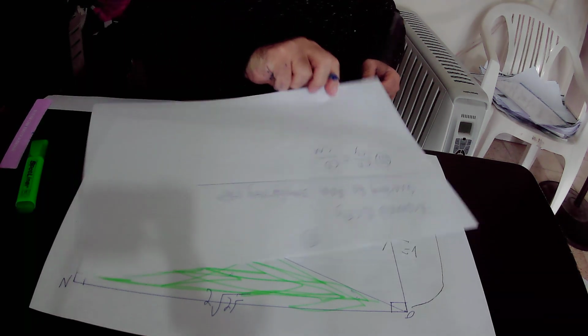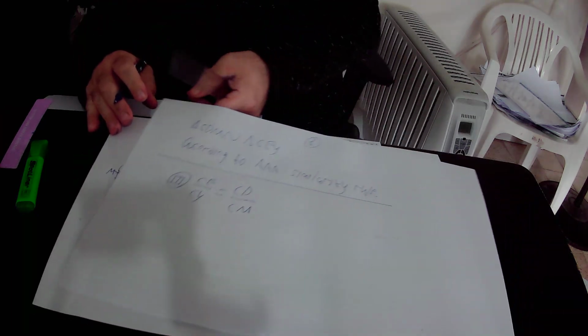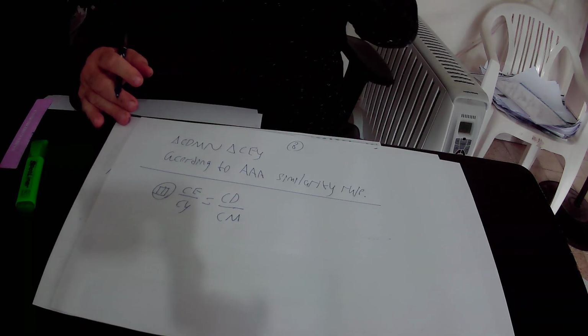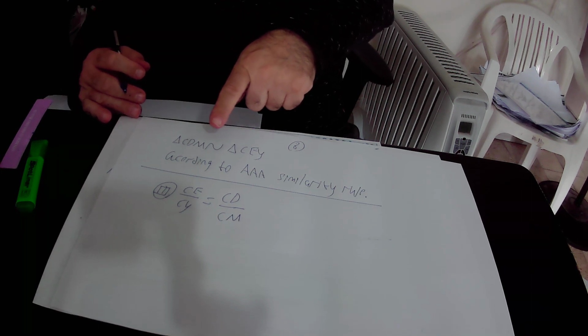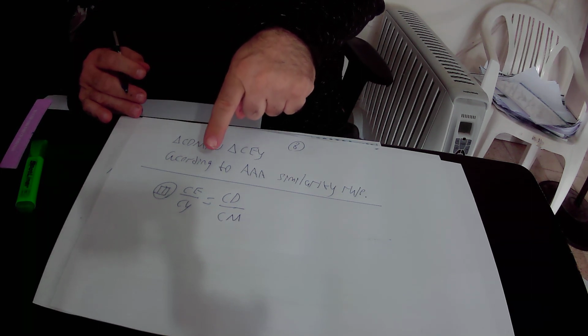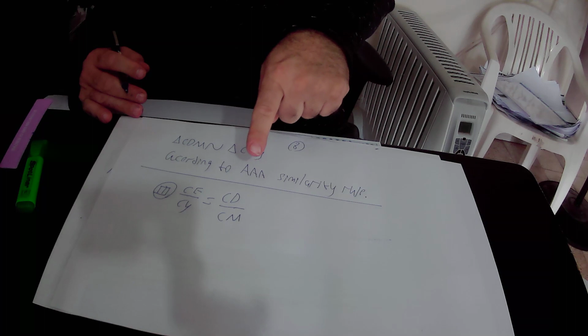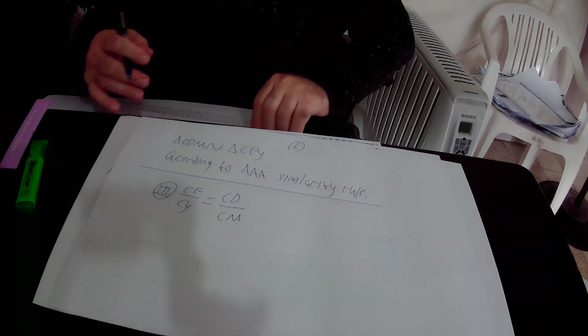I will repeat again. From the fact that triangle CDM is similar to triangle CEY, we will conclude that CE over CY in triangle CEY equals CD over CM in triangle CDM.